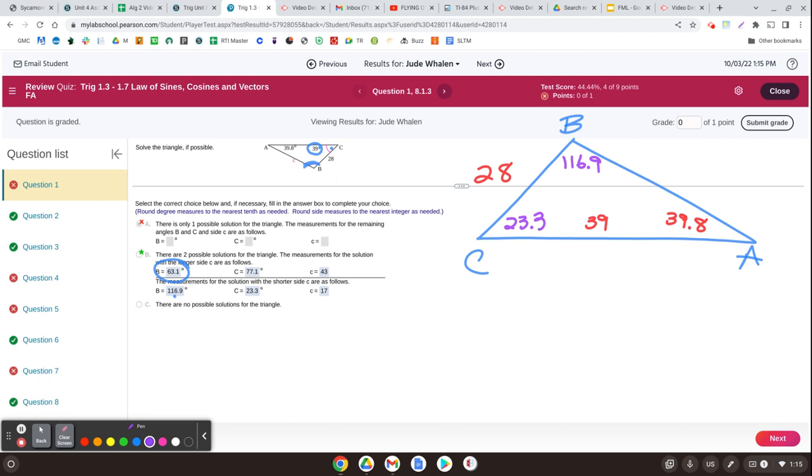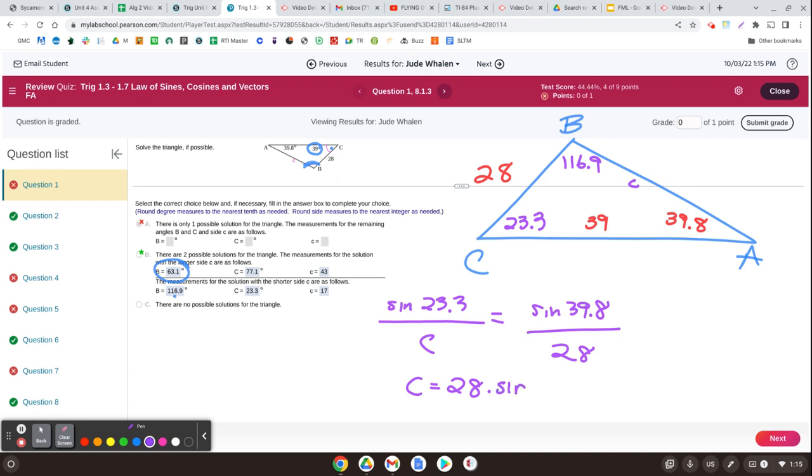So then we need to find C, little c over here. So now we say sine of 23.3 is to C, like sine of 39.8 is to 28. So C is 28 times sine of 23.3, make sure that calculator is in degrees, and then divided by sine of 39.8.